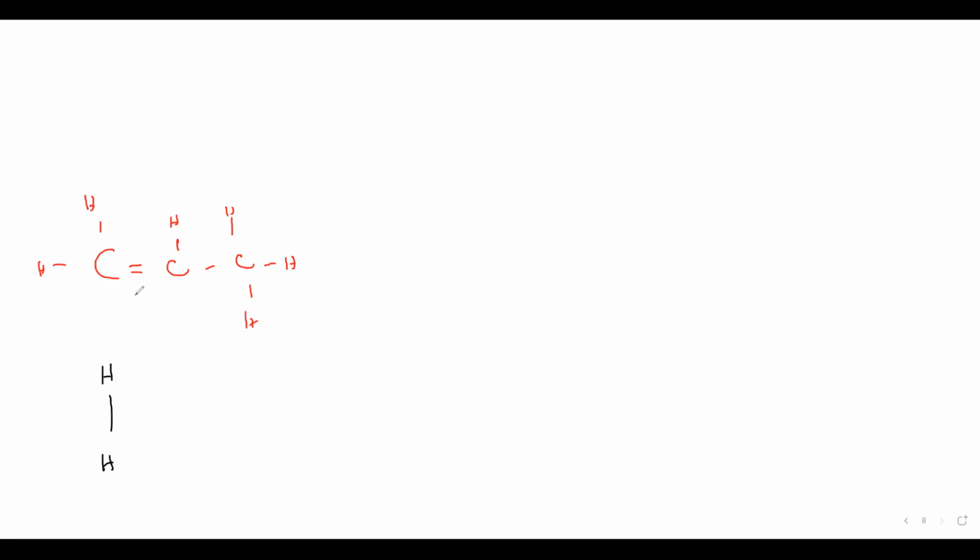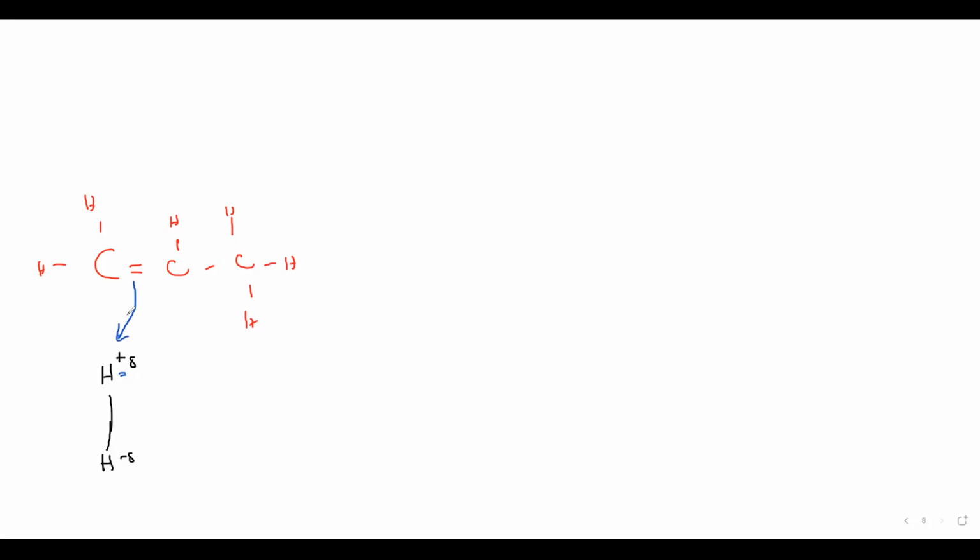So now what happens, this double bond repels the hydrogen single bond, and there will be more repulsion, which causes this hydrogen bond to shift more towards the other side, resulting in partial positive and partial negative. Now this hydrogen which is partial positive is attracted towards this double bond, and we call that an electrophile.